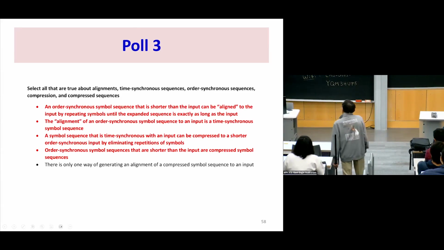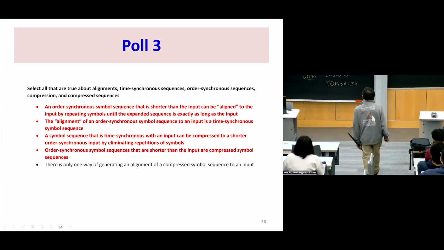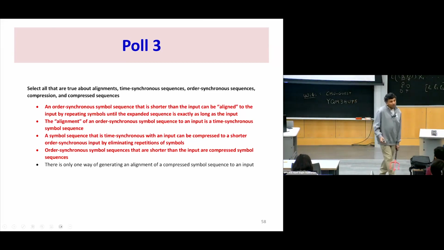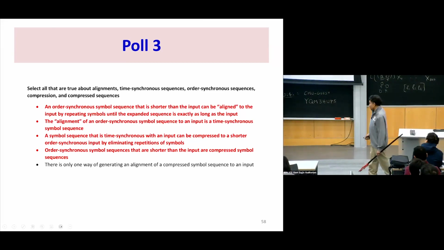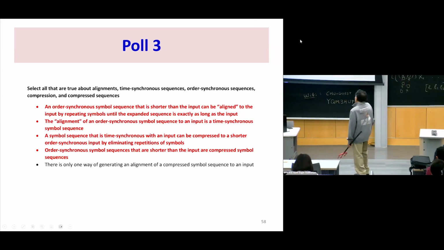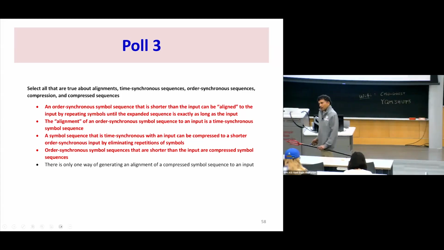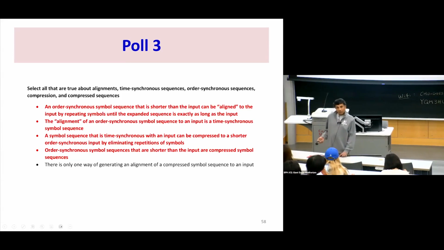A symbol sequence that's time synchronous with an input can be compressed to an order synchronous sequence by simply removing repetitions, although this is not unique. And order synchronous symbol sequences that are shorter than the input are compressed sequences. If they are the same length as the input, they are time aligned, they are not compressed. But if they're shorter, then definitely there's been some repetition that has been removed, right?